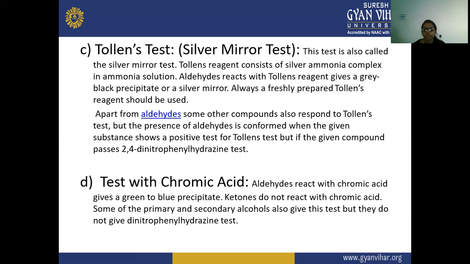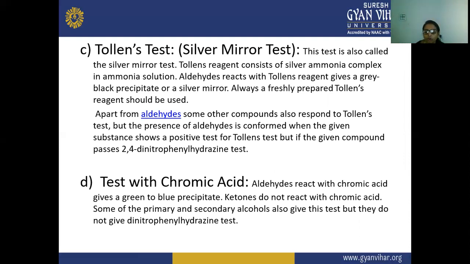Some primary and secondary alcohols also give this test, but they do not give the 2,4-dinitrophenylhydrazine test. Chromic acid is the oxidant, so it oxidizes the aldehyde into the acid, giving a green to blue precipitate.